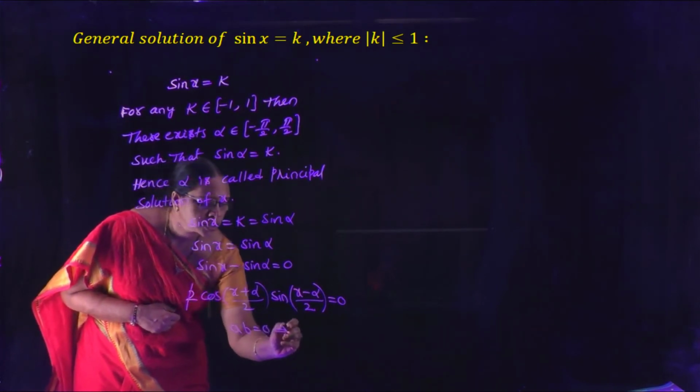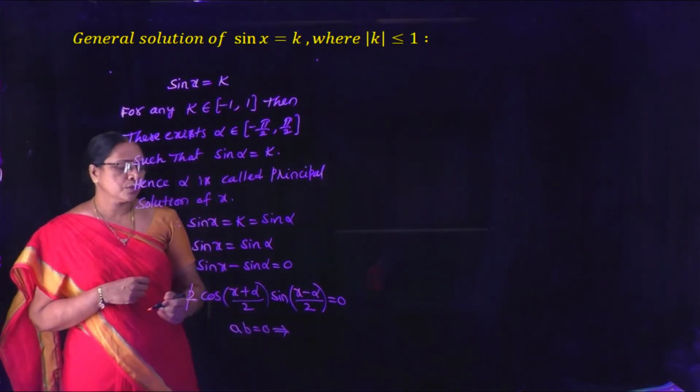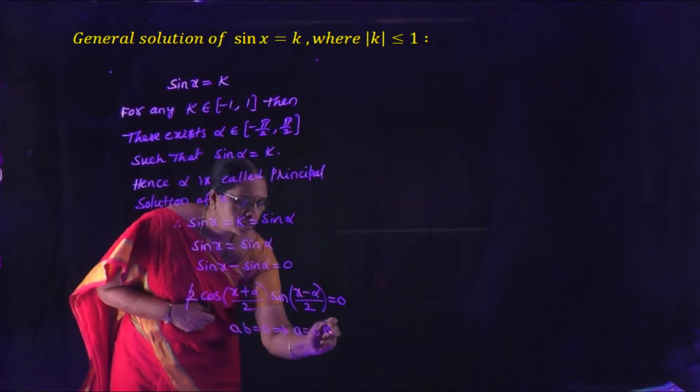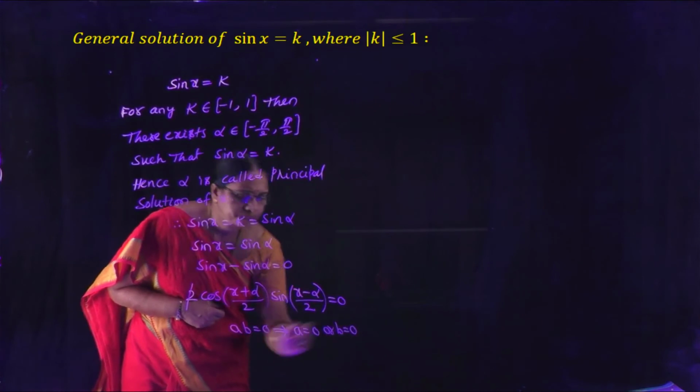Here it is in the form of a into b is equal to 0. We know that if a into b equal to 0, then either a equal to 0 or b is equal to 0.